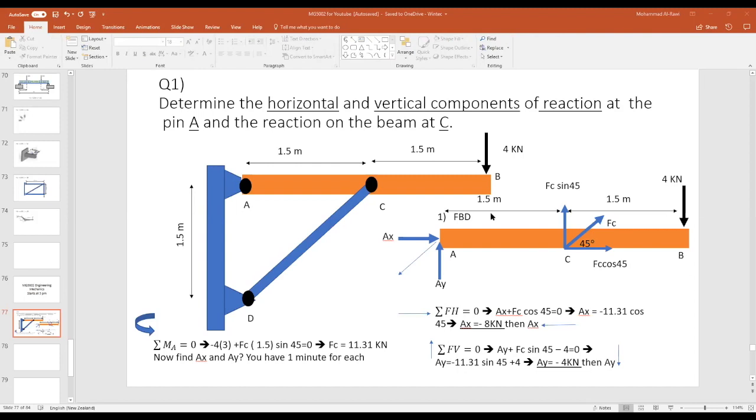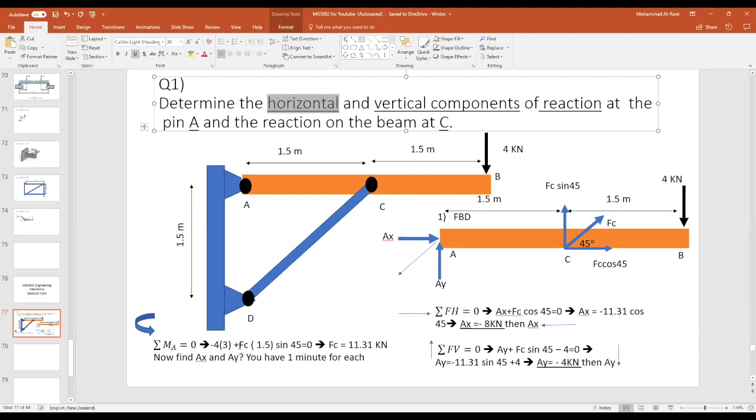In the test, you will definitely get some questions related to concurrent and non-concurrent forces. They will not be this shape; they will be slightly more complicated, but the same principles. First, read the question very well, highlight the information the question wants you to find, and then sketch the free body diagram.